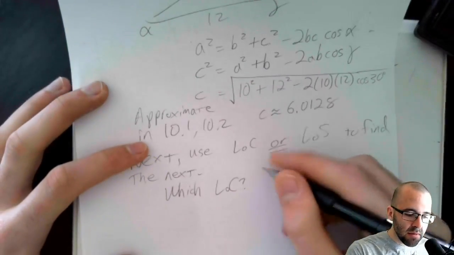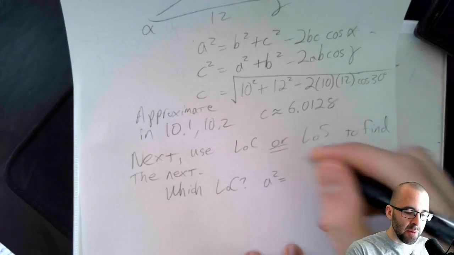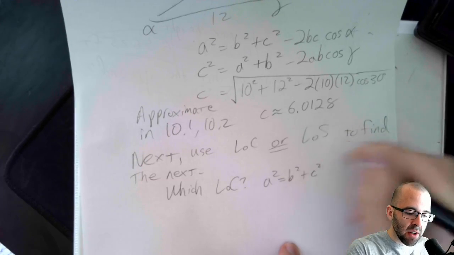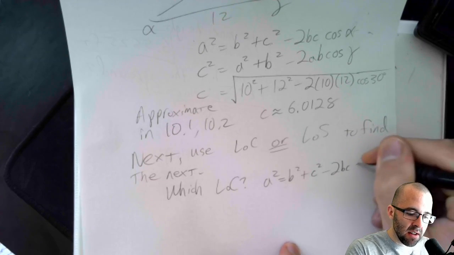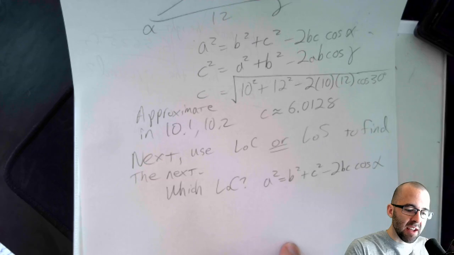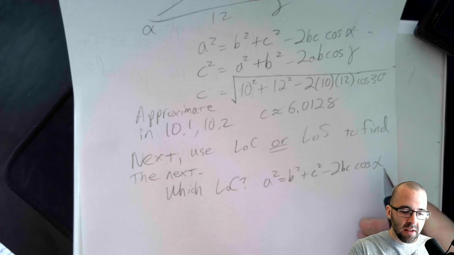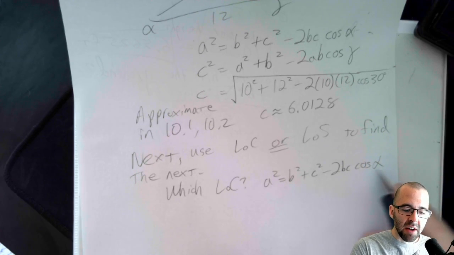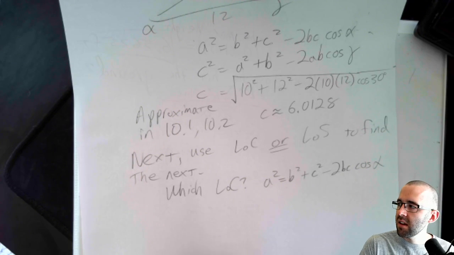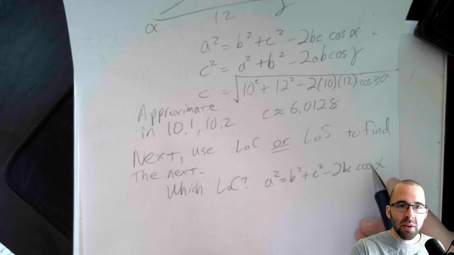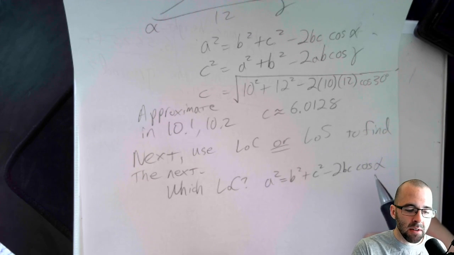Okay. a squared is equal to b squared plus c squared minus 2bc cosine of the opposite angle alpha. And we're solving for alpha. So you have 2 choices here. Okay, and I think this is important to remark on.